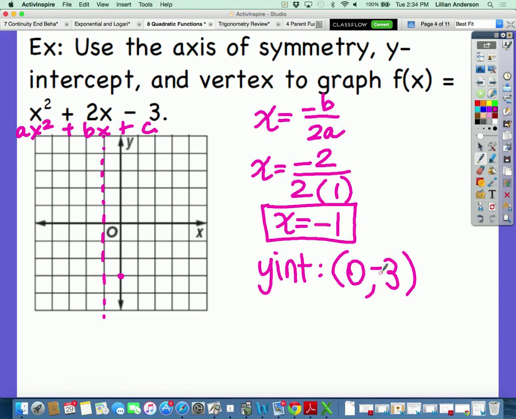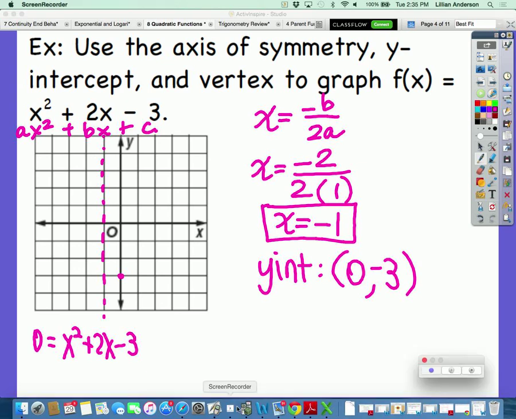Just for kicks and giggles, how do you find the x-intercept? You didn't ask for it, but how do you find it? Caleb? Set the equation equal to 0 and then do what? Solve. I know it doesn't ask for this, but just as a looping thing, let's solve this, okay? Can you guys find my x-intercepts, please? Don't shout them out, just find them, okay? What do you guys get?